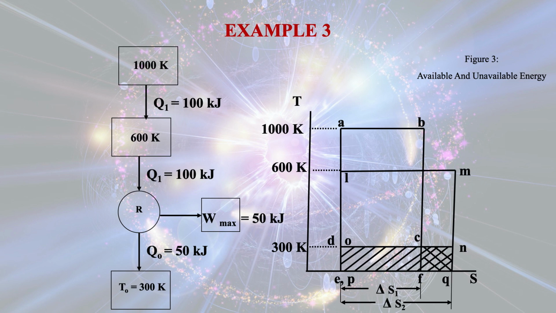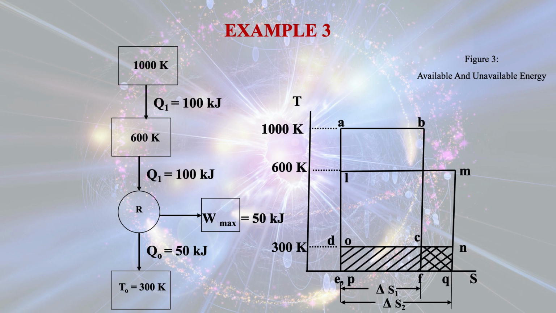So the W max, that is the maximum work we can get, is 50 kilojoule. So available energy for this case is 50 kilojoule and unavailable energy is 50 kilojoule. So available energy plus unavailable energy is the net energy. It was available as an input for the engine, that is Q1 equal to 100 kilojoule.